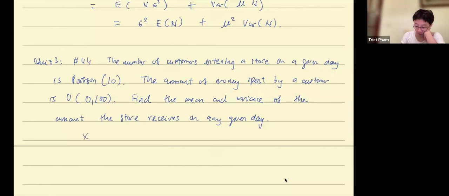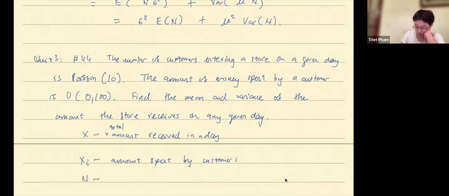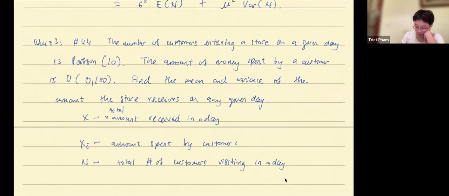If you let X be the total received in a day, and of course Xi being the amount spent by customer i, and N being the total number of customers coming into the store in a day, then this lines up like so, which just means that the random variable in question is a compound random variable.